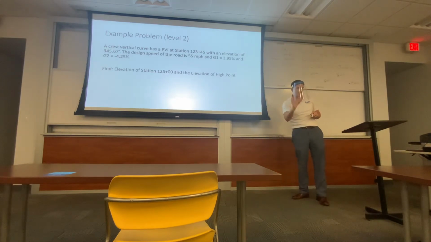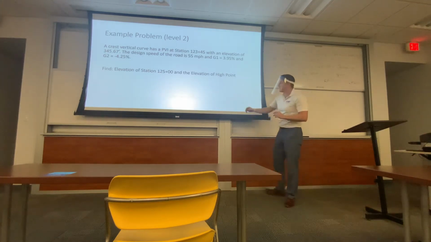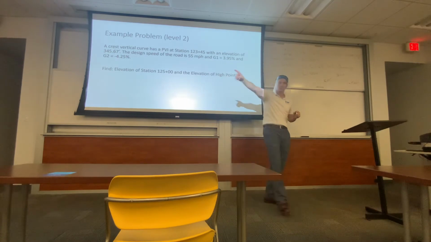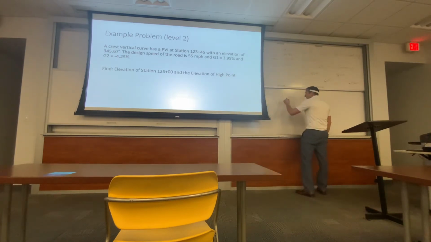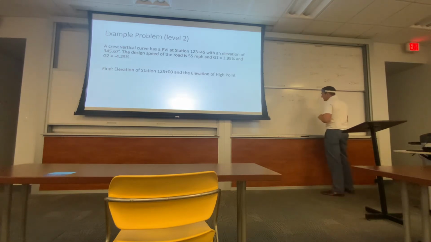Okay, sound good? Next we're gonna calculate the elevation at station 125+00. So we have to calculate the x for 125+00. 125 plus 00 equals the station of x minus the station for PVC, equals 125 plus 00 minus 118 plus 10, equals 690 feet.